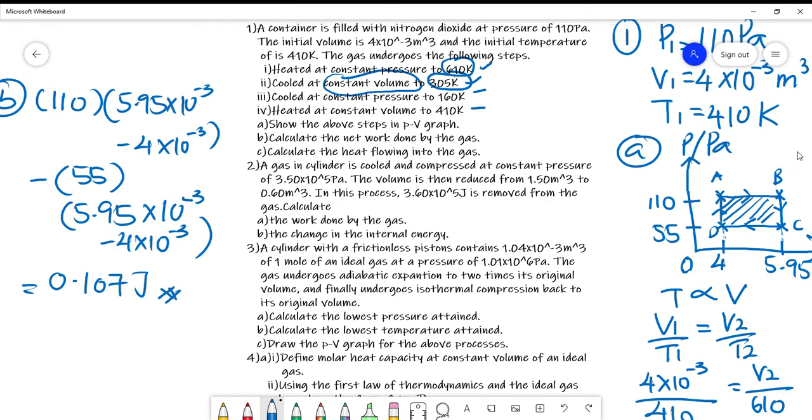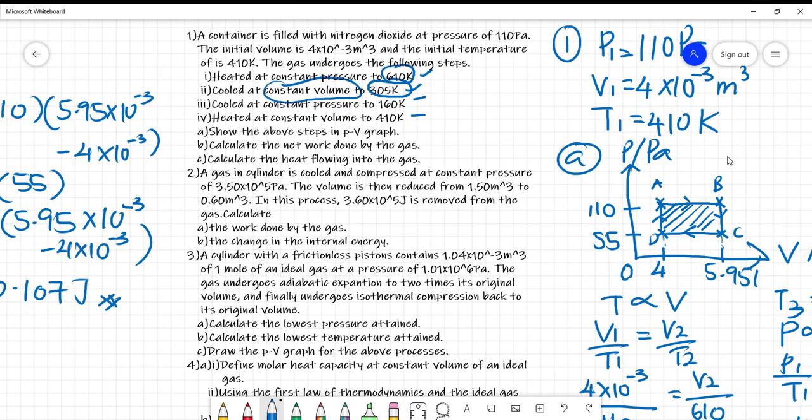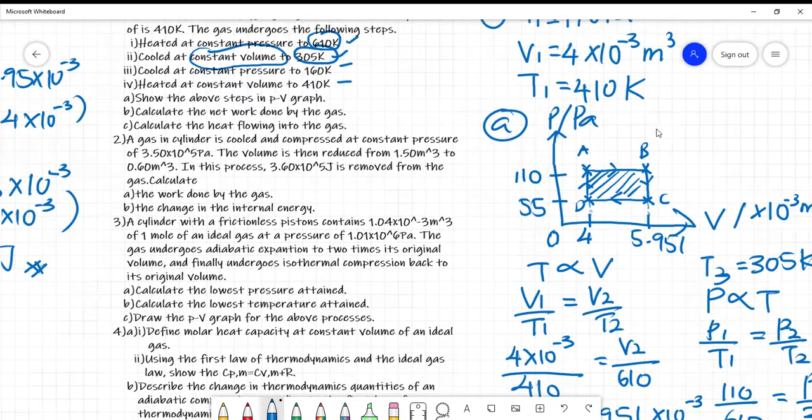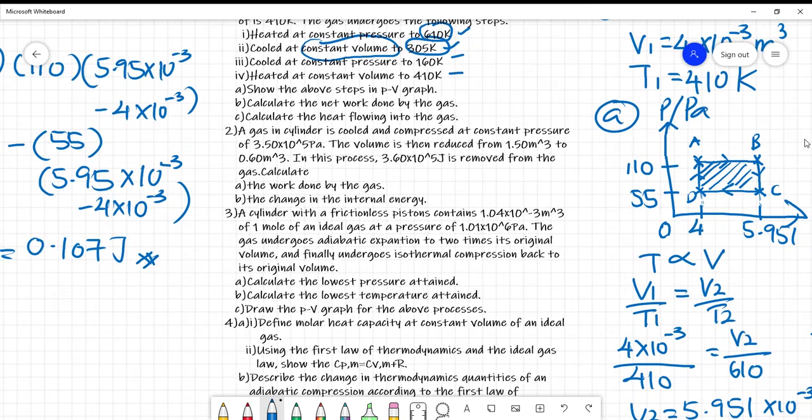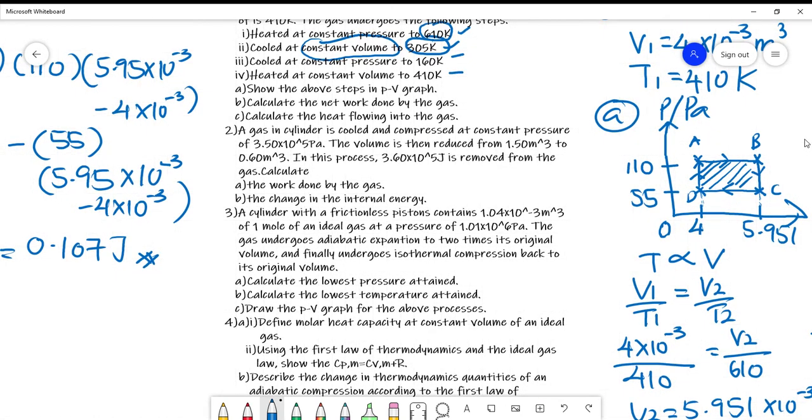This is the net work done of the gas, which moved from A, B, C, and finally D. The process does not stop at D, and it eventually returns to point A. So this will be my net work done, which is 0.107.